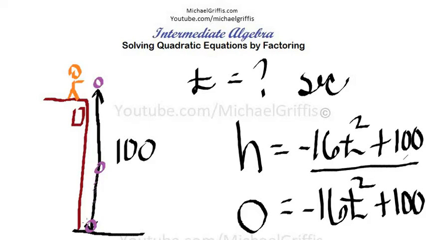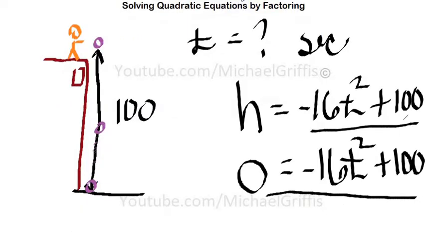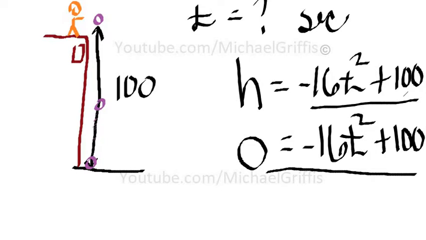The ball's on the ground when height is 0. So what we want to do in this equation now is solve for t.